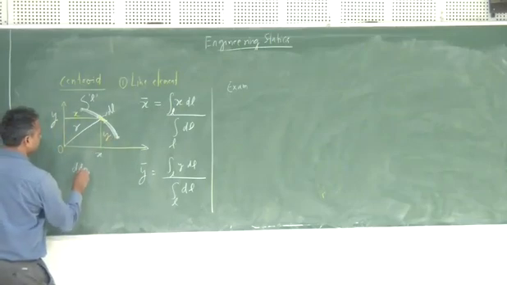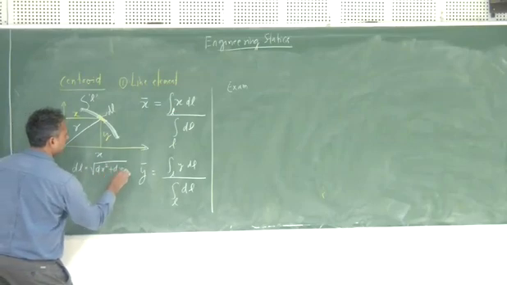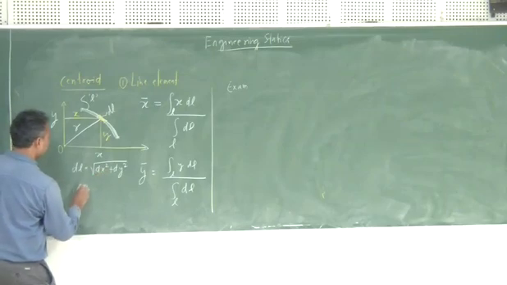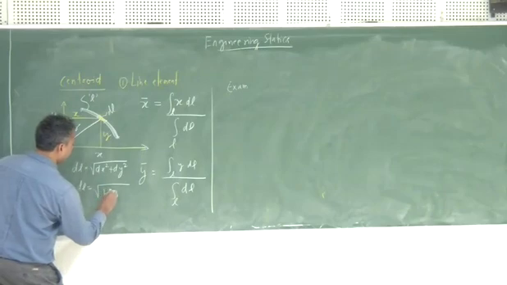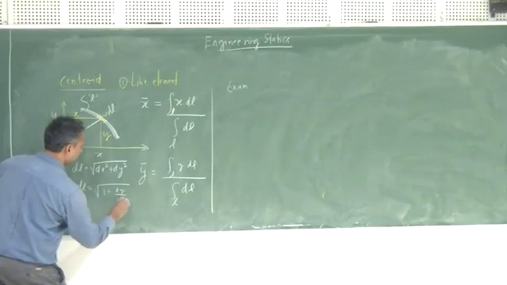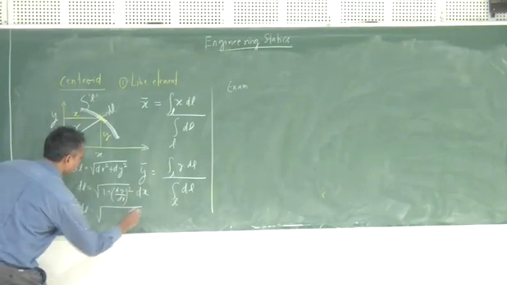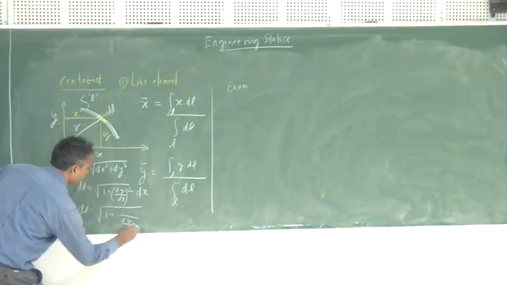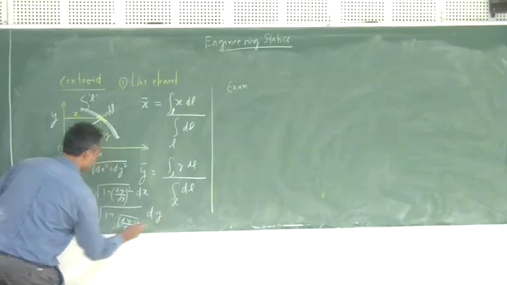You will see that dL can be written as the square root of dx squared plus dy squared. So dL can be written as the square root of 1 plus (dy/dx) squared dx.